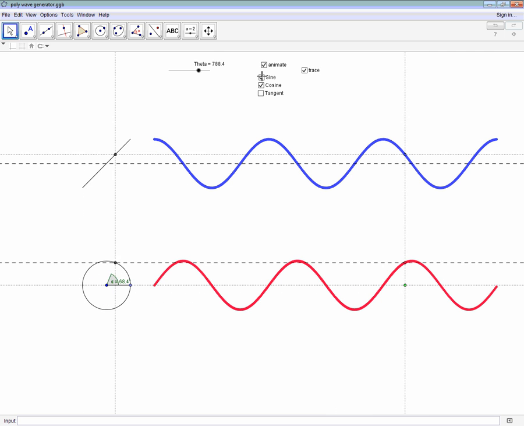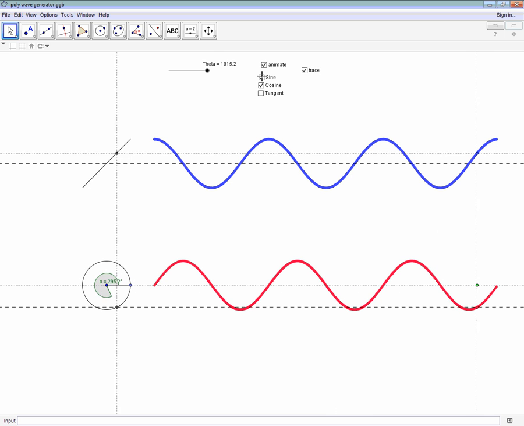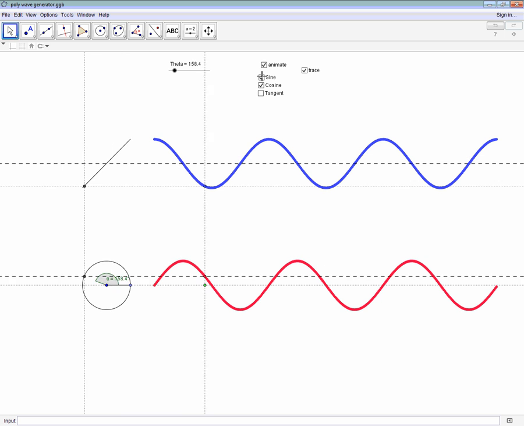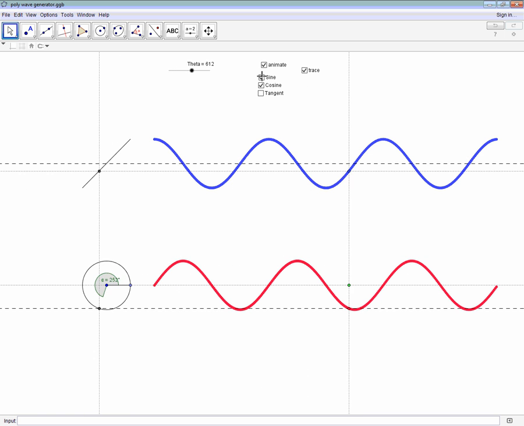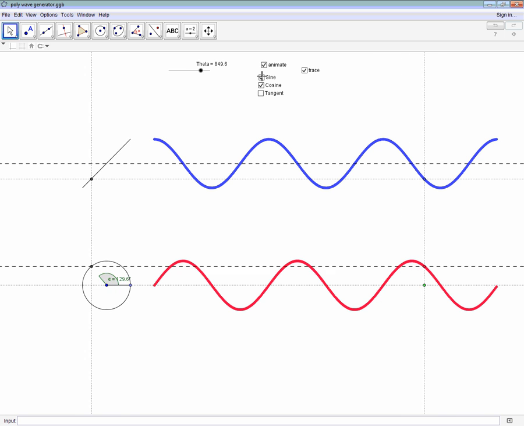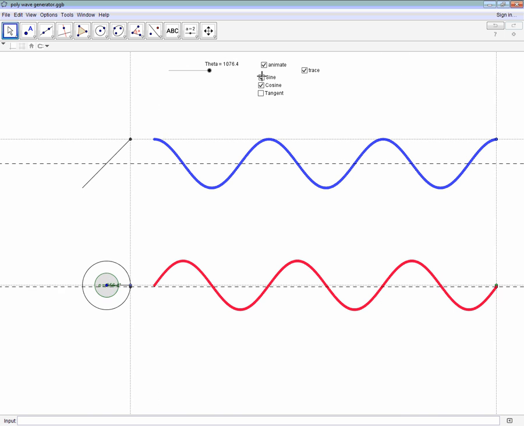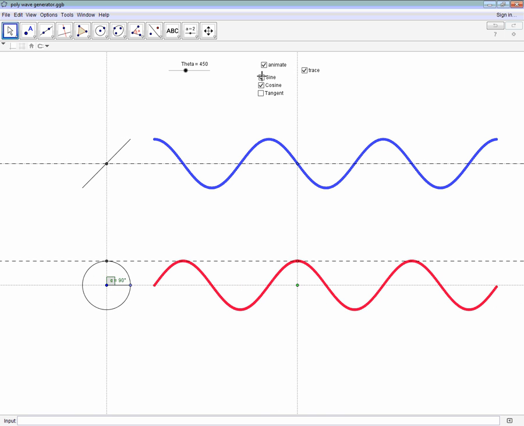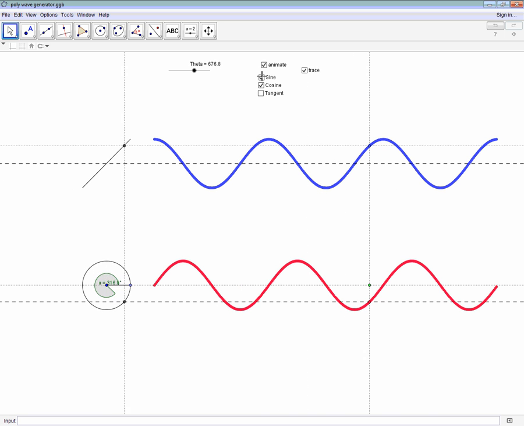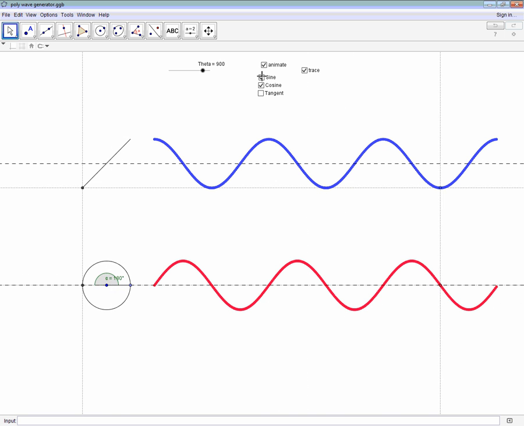But they're not exactly. It's a little bit of a shift, that's all. It's not like where one is peaking, one is trough. It's slightly off like that. And in fact, it's off by pi over 2, a quarter of a circle.